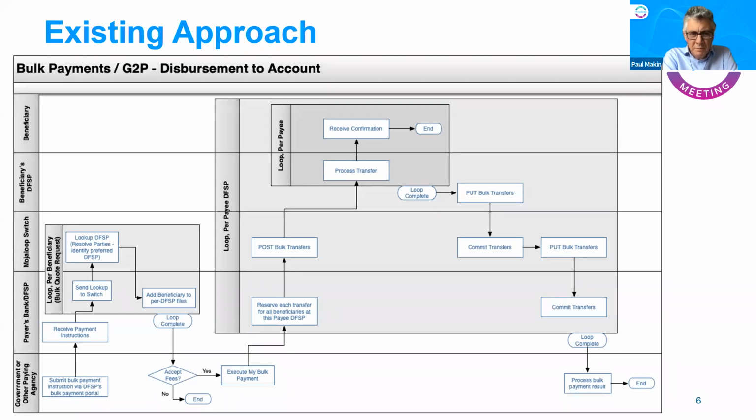And once that has been completed, first of all, looping through every DFSP and then looping through each individual payee, we can return the result of the bulk payment. And that's all well and good, and it makes perfect sense from the Mojaloop perspective. Michael, if you could move on.